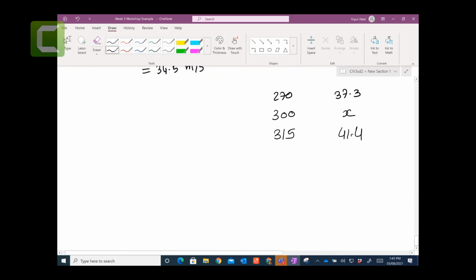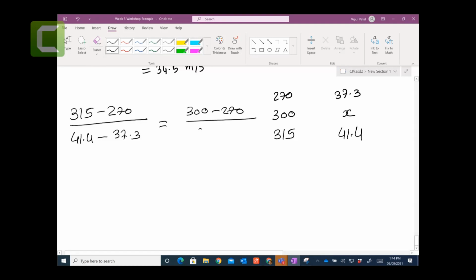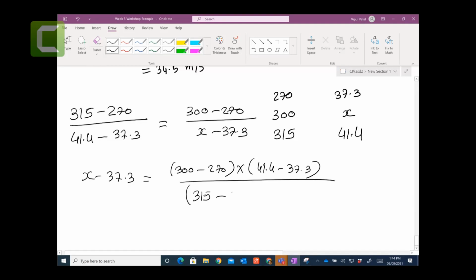So 300 take away 270 over x take away 37.3 equals 315 take away 270 over 41.4 take away 37.3. So x take away 37.3 is 300 take away 270 times 41.4 take away 37.3 divided by 315 take away 270.